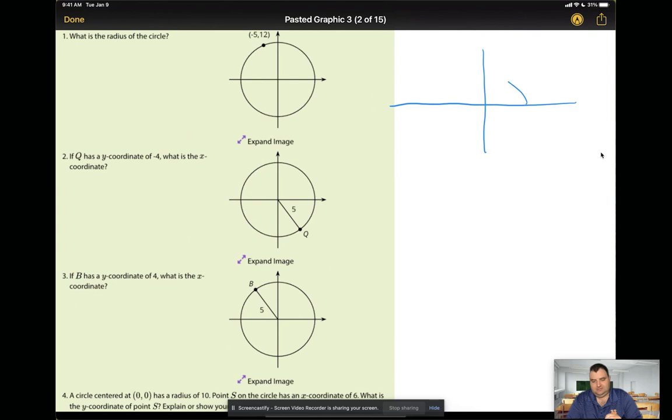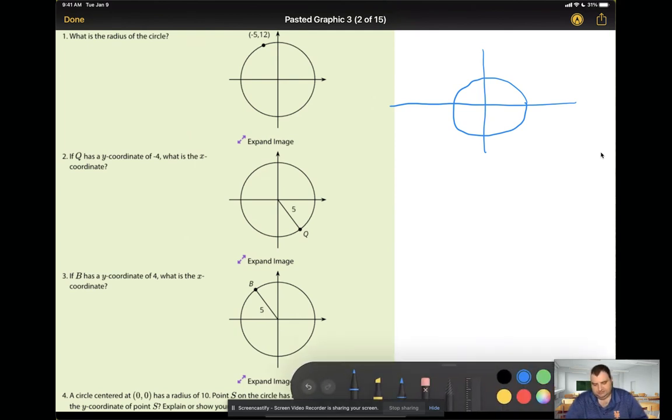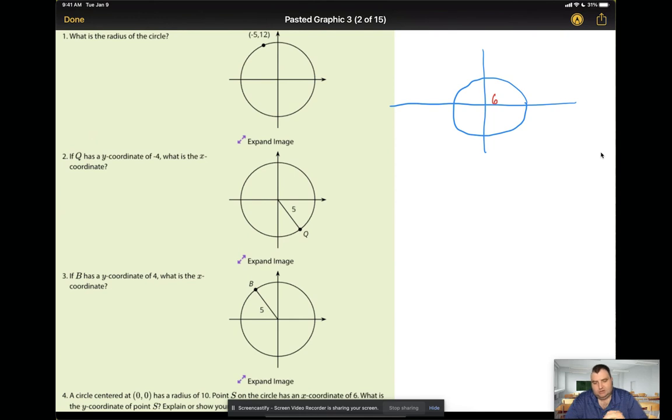So I have a circle centered at the origin, and it's got a radius of 10, and it has an x-coordinate of 6. So an x-coordinate of 6 means that I'm moving 6 spots along the x-axis. So that means the point can either be up here or it can be down here.